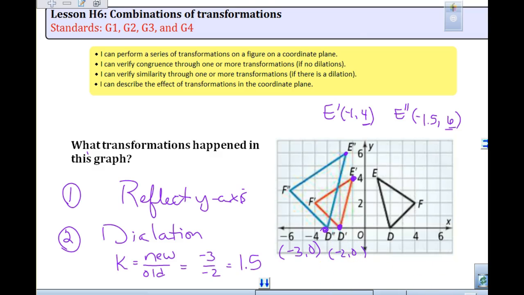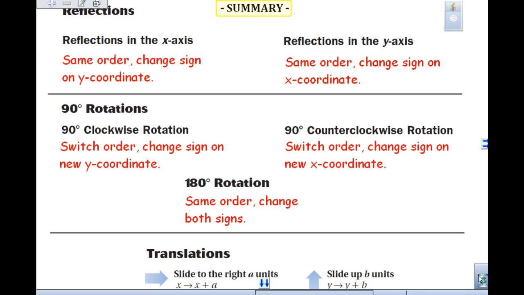All right, just to review, we had these on your card. Reflecting over the x-axis, we keep the same order, and the sign changes for our y-coordinate. So please put (x, y) changes to (x, -y).